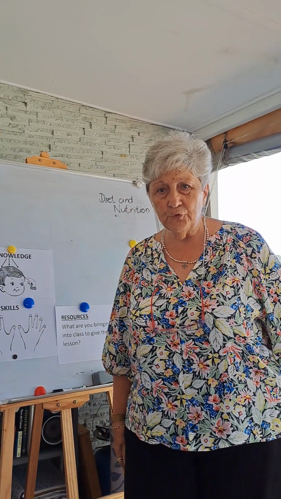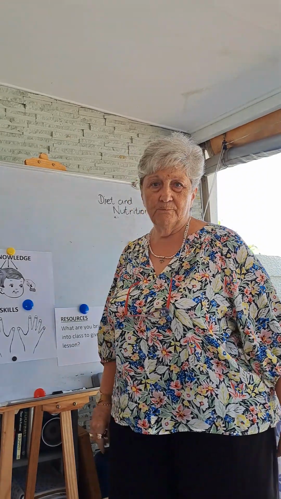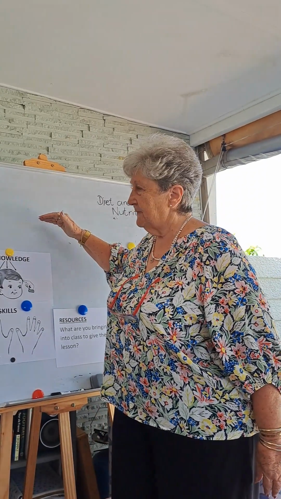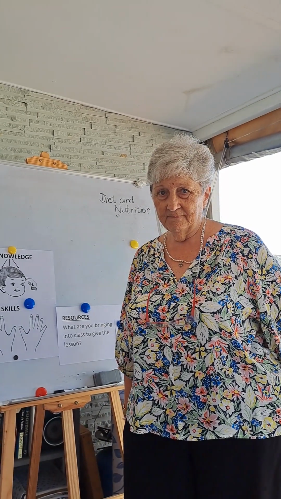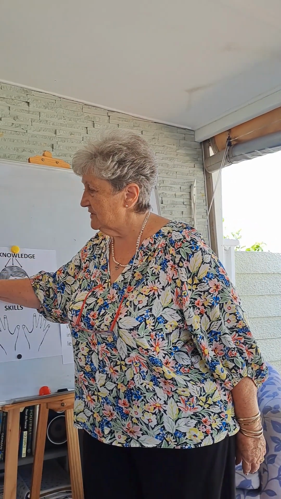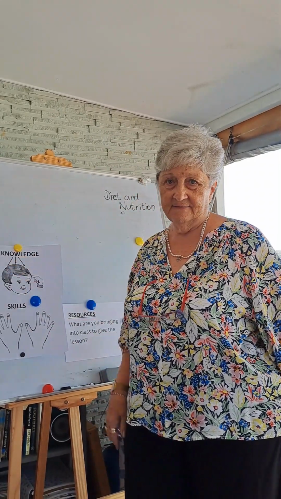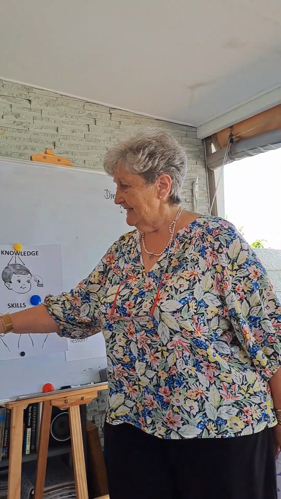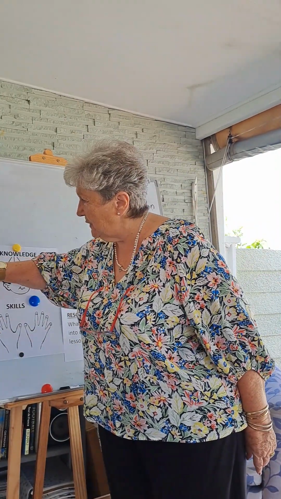I want them to know, learners will know about the food pyramid. Because I'm going to teach them about the food pyramid and the different types of food and how they are healthy for them. And that is what I want to teach them in knowledge. I want to put that stuff into their heads. Under skills, what do I want them now to do with this knowledge?